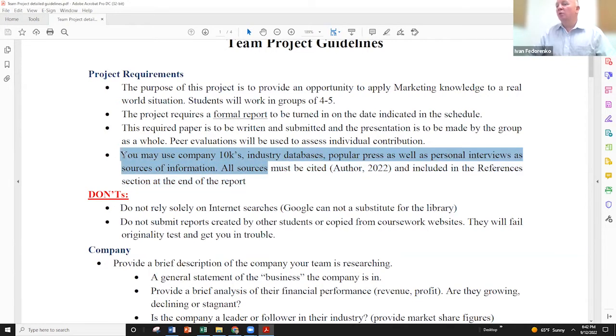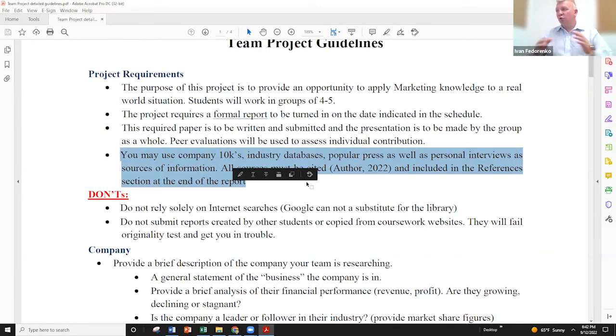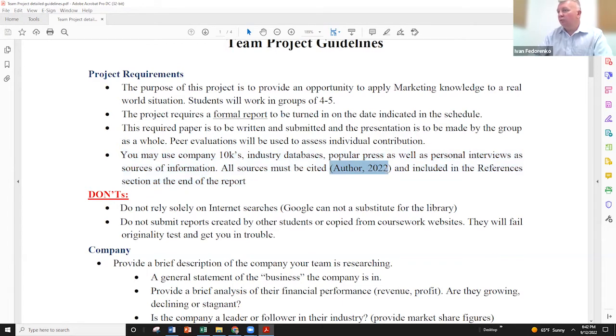So all the sources of information you're using in your team project should be cited like this: author and date of publication, and included in the reference section at the end of your report. A reference to your sources performs two functions. First, it directs the responsibility away from you.